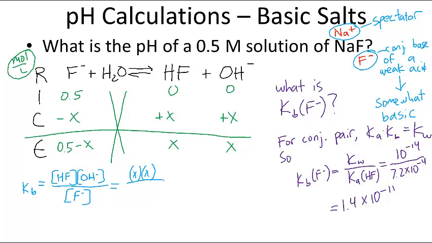How can I make solving simpler? Kb is really, really small, so 0.5 minus x is roughly equal to 0.5.